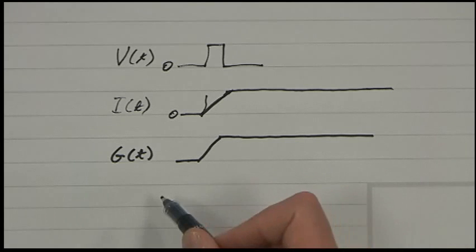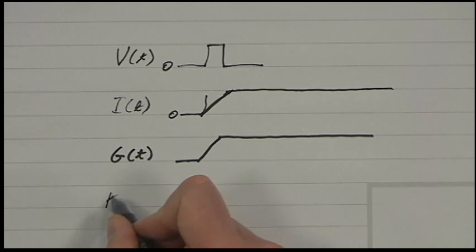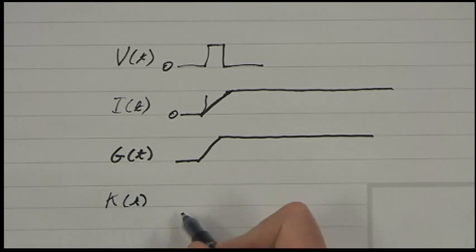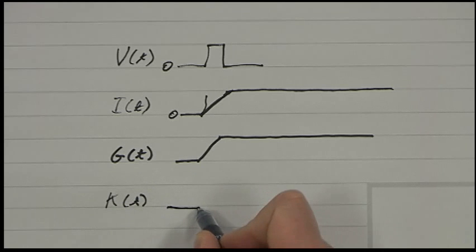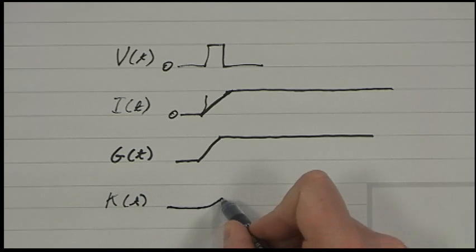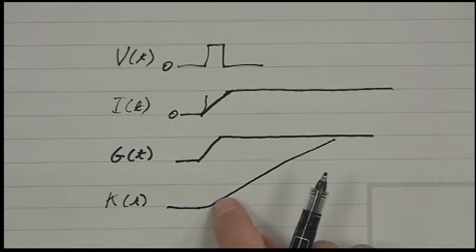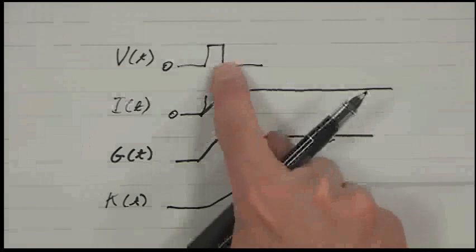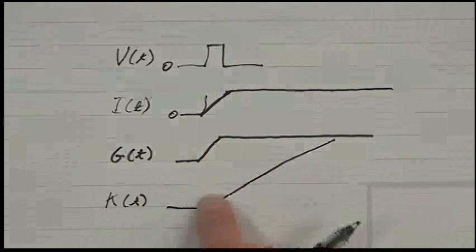So if you looked at k_x of t, it's the integral of this, which is something like this. It just keeps going linearly. So this is like the acceleration, this is like the velocity, and that's like the position.